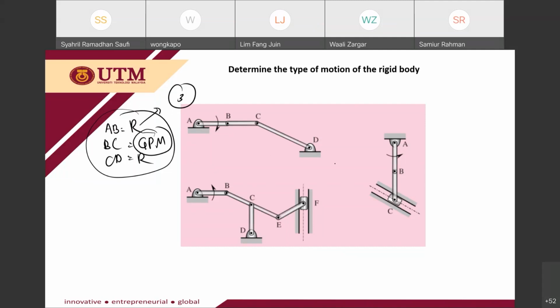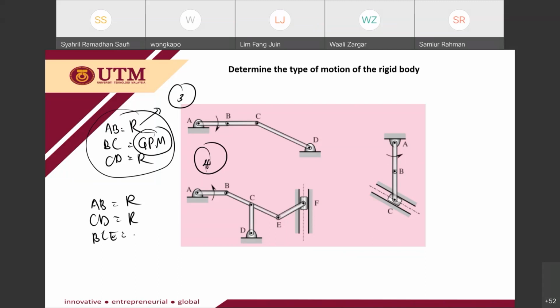Alright, so we go on to this figure 4. Okay, what would be AB? AB obviously is rotation. CD is rotation. BCE is what? What is the motion of BCE?